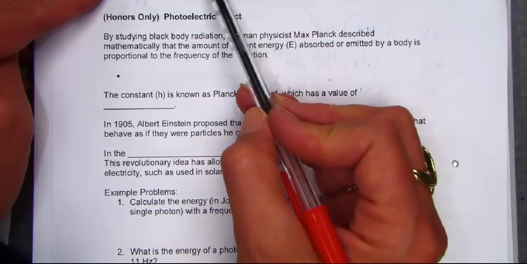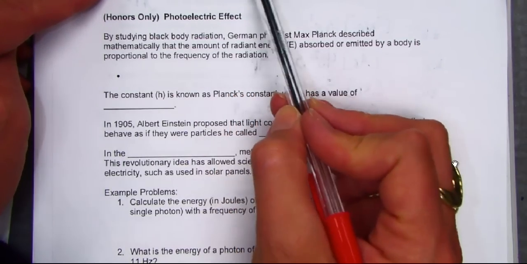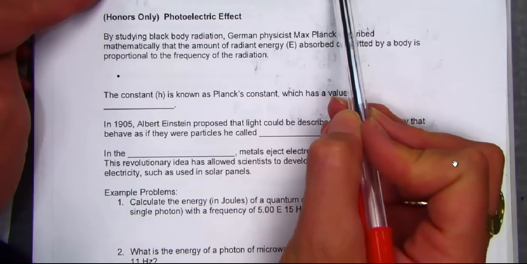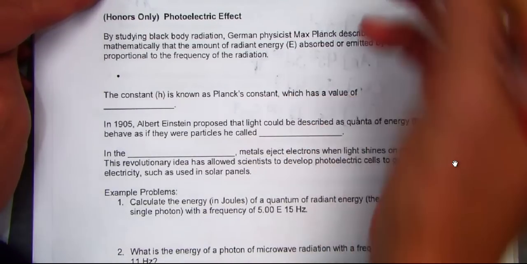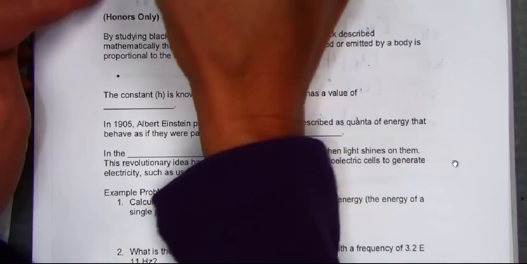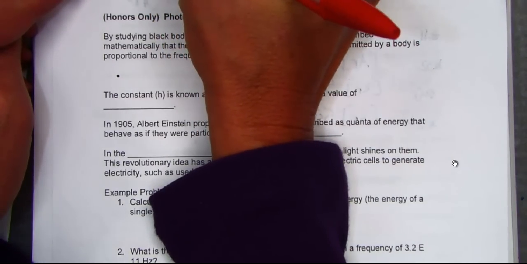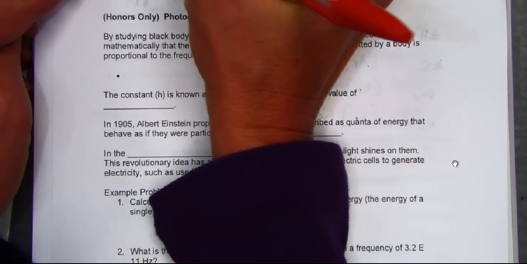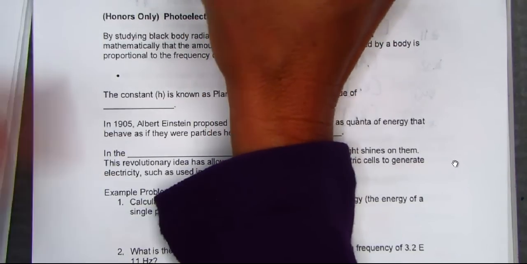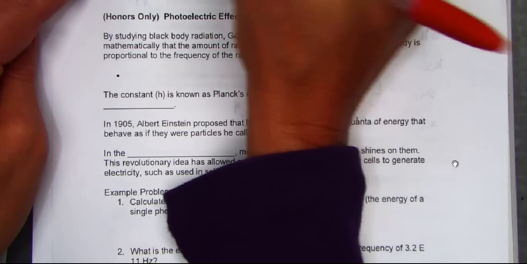What frequency is radiation with a wavelength of 5 times 10 to the negative 6 centimeters? I know that my speed of light is 3 times 10 to the 8th meters per second.